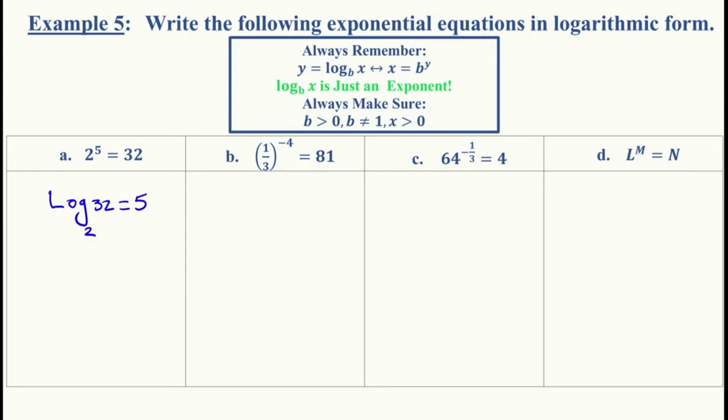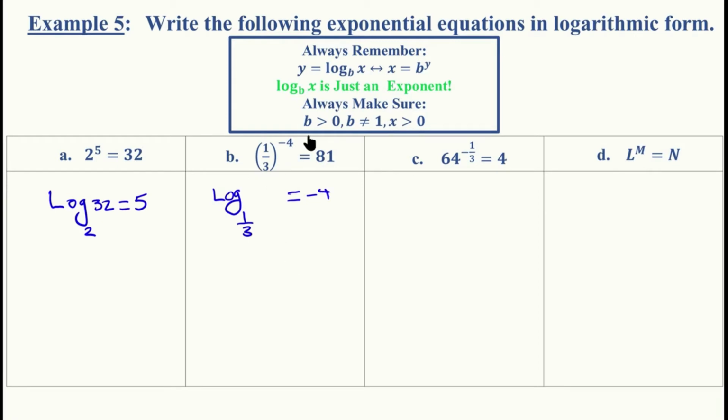All right. Again, I hope you've tried this before you join me. If you haven't, you can pause now and try some. All right, so for the next one, we can see the base is going to be 1/3, because it's the same base as the other equation. We know the entire exponent, the logarithm, is going to be the exponent, so that'll be -4 on the other side.